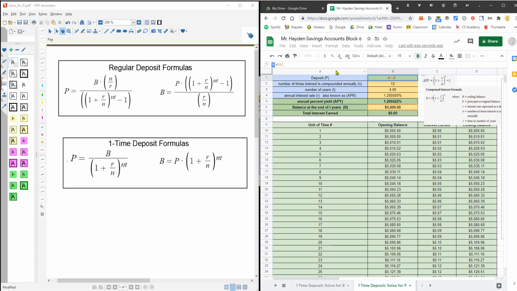So that would be 1 plus, okay, r is B4 divided by n. N is B2, and then exponent symbol, and then I need to do n times t. So n is B2, and t is B3.